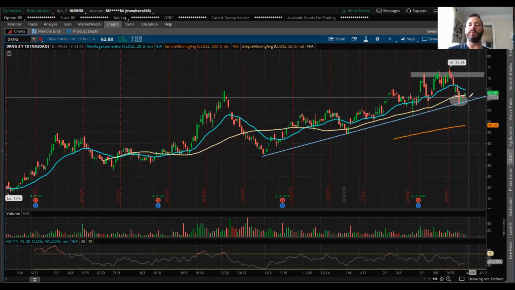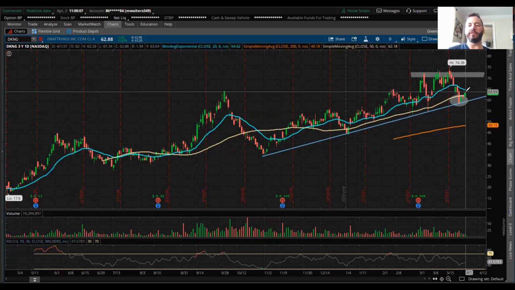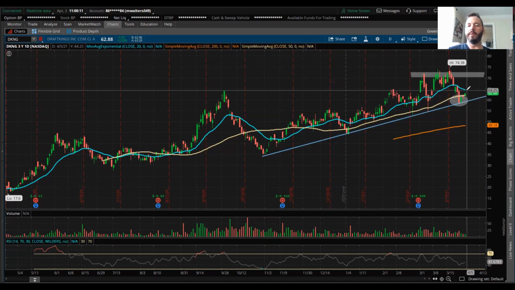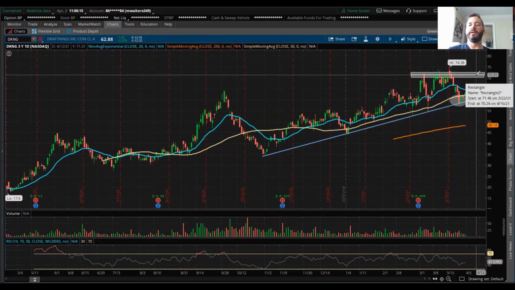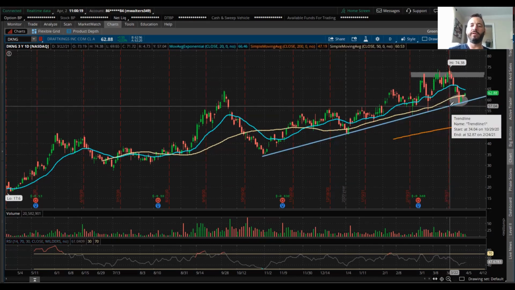I tend to take my profits too quickly when I swing trade. So you have to have patience. You got to let this trade play out. This DraftKings, it might come up, it might come back down a little bit, but you have to be willing to sit in this trade until it hits your price target. That is the key to swing trading.